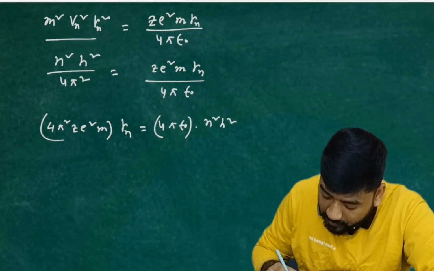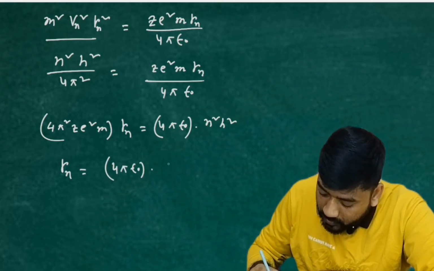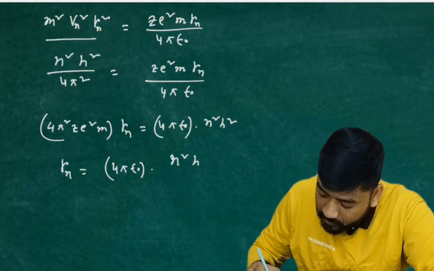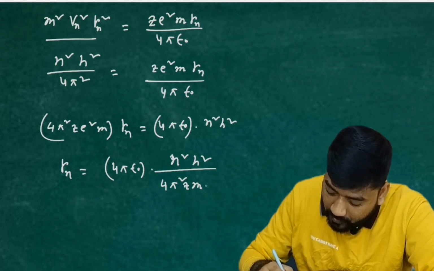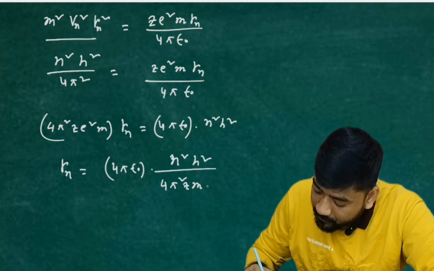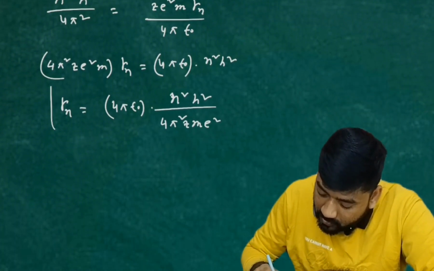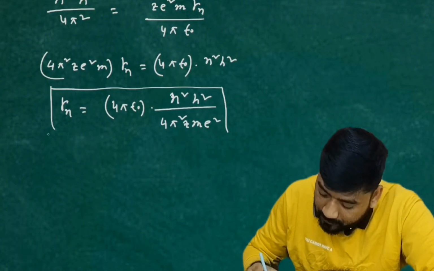So from here you can find out Rn, which is nothing but 4 pi epsilon naught into n square h square upon 4 pi square Z m square.